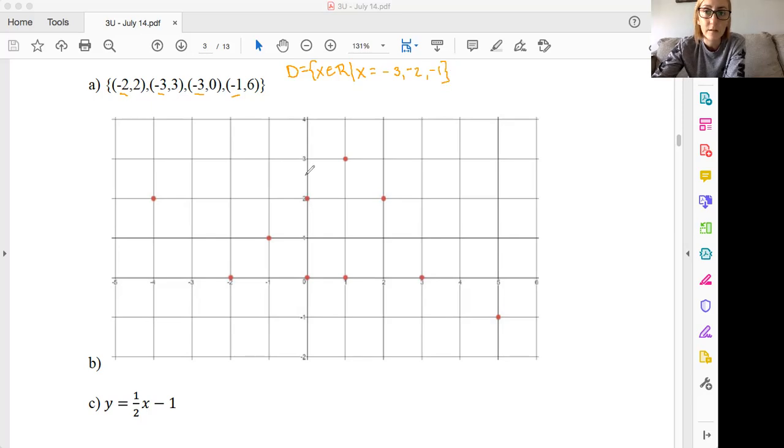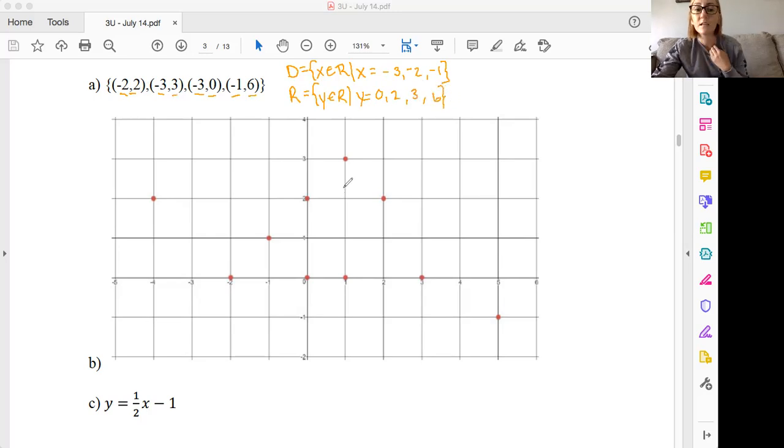And that is your domain. You're going to do the same thing with your range, but it is your y value. So y is an element of real numbers, y is equal to, we've got 2, 3, 0, and 6. So y is equal to 0, 2, 3, and 6.